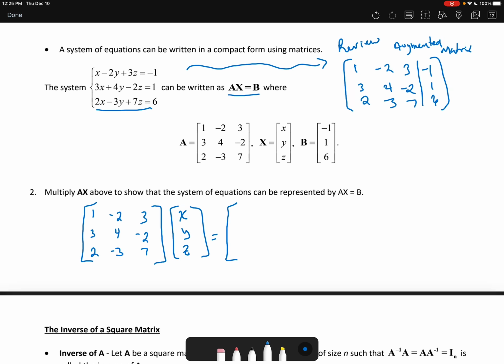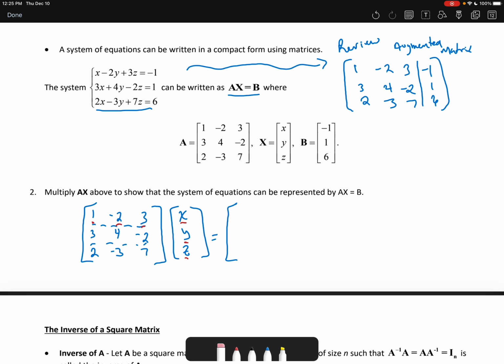If I'm multiplying across and down, notice that I would get 1x plus negative 2y plus 3z.